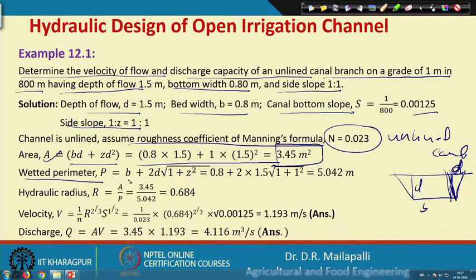Similarly, substitute all the values and you get the wetted perimeter. Hydraulic radius is A by P, once you get A and P.